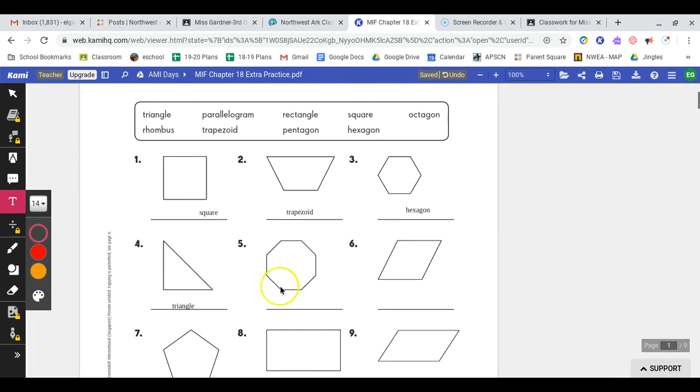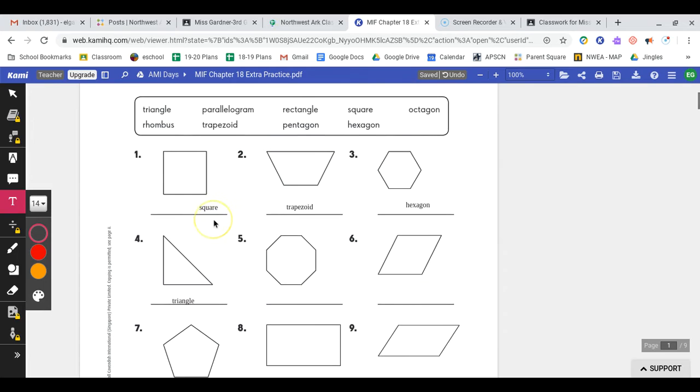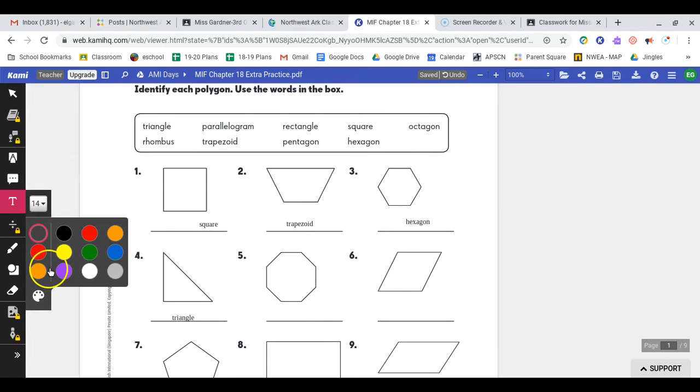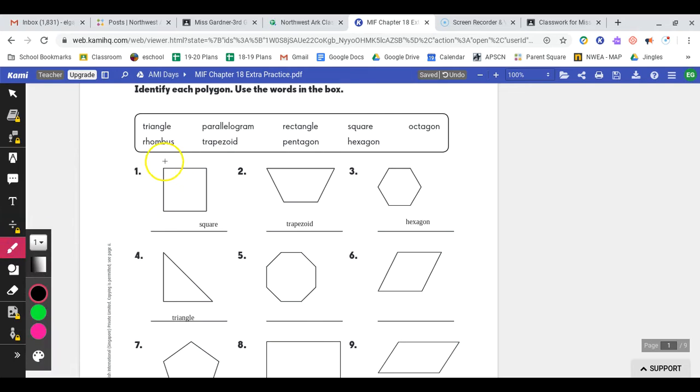Okay, let's count up the number of sides here. This is also more than four sides, so it's not any of our normal quadrilaterals. Also, let me take a moment to see if we can cross out the ones we've done. So triangle, we had a hexagon, we had a trapezoid, and we had a square. Okay.